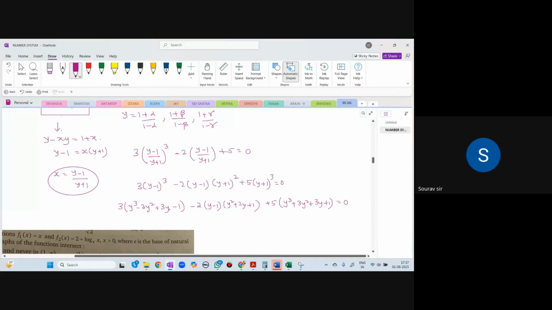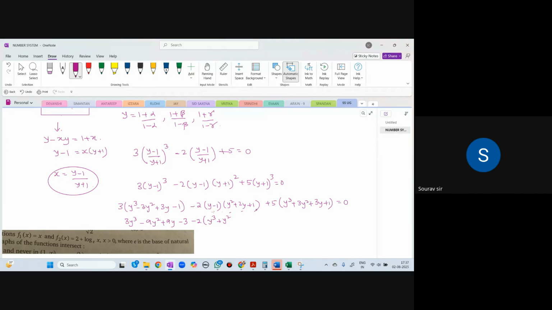So simplify this. So 3y cube minus 9y square plus 9y minus 3, minus 2 into y cube, then 2y square minus y square is y square.